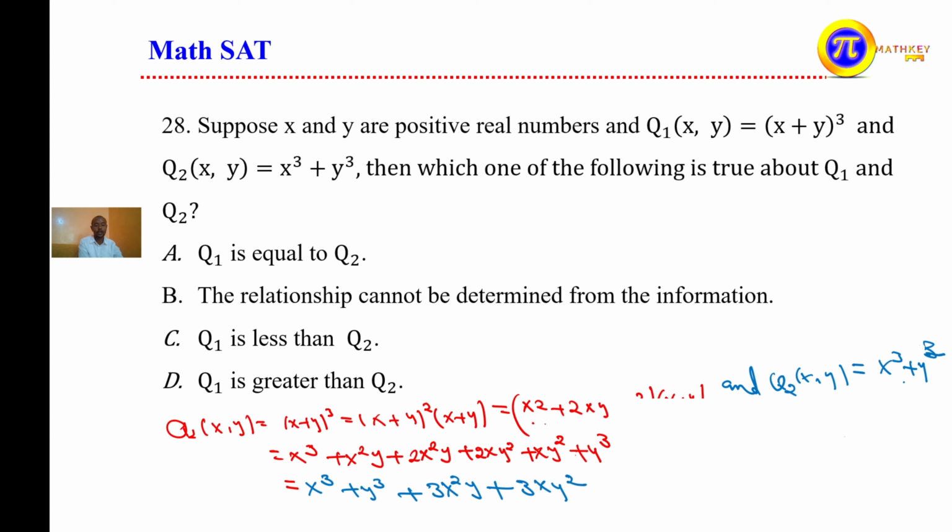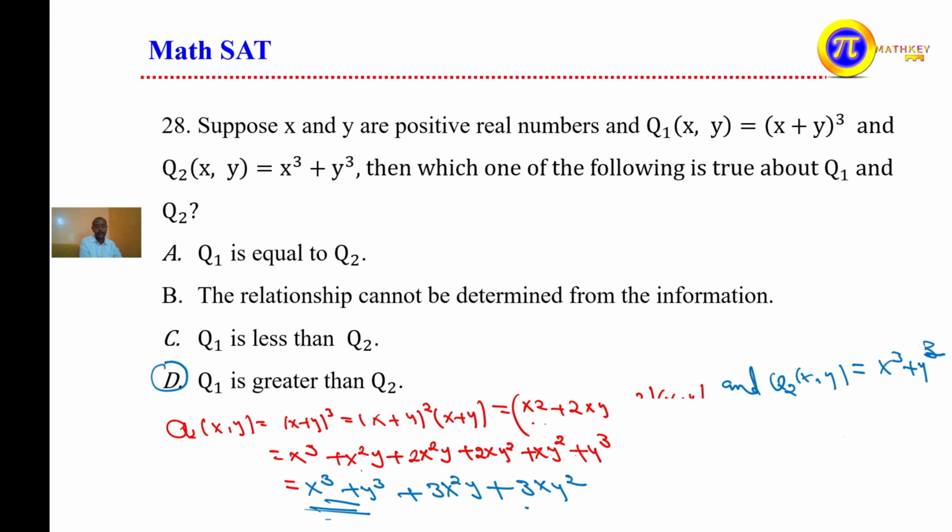When you compare and contrast, here we have x cubed plus y cubed plus some additional points. Since x and y are positive, you still have some values which are greater than 0. Because of this, Q1 is greater than Q2, since it is greater by 3 times x squared y plus xy squared.